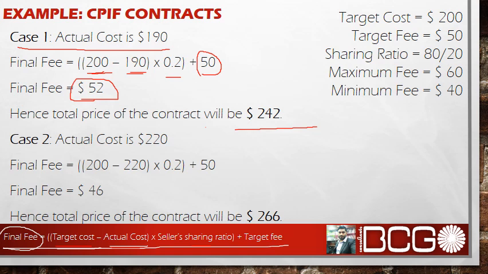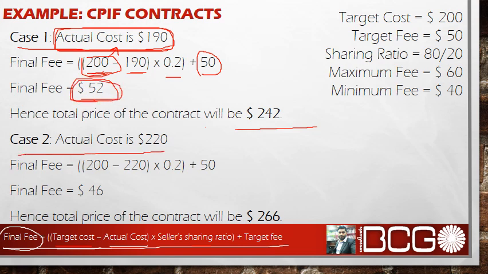And moving on, in this particular case, have you noticed one thing? The supplier performed well, right? The actual cost is 190, while the target cost has been set to 200. He has expensed less than the target. So he has got a reward or an incentive.